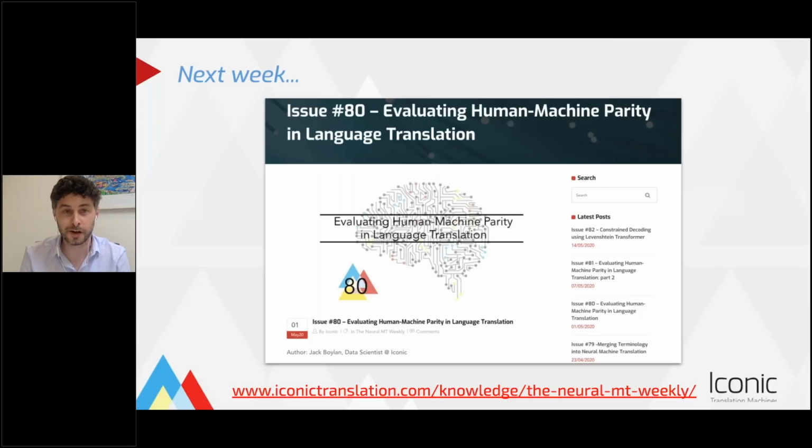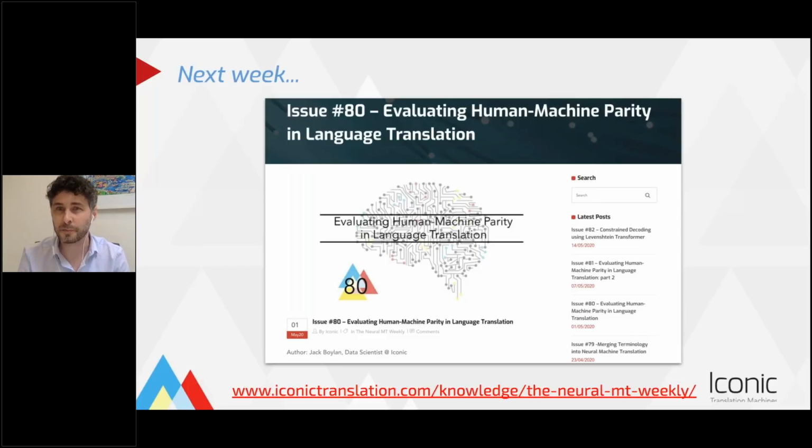However, you are going to have to come back next week for a deeper dive on what those topics are. Just to point out what you see on the slide there, over the past 2 years at Iconic, we've been writing a blog on our website called the Neural MT Weekly, in which members of our scientific team at Iconic, including guest posters, some of whom again are on the webinar today, pick a recently published paper on a specific topic in neural MT and write a summary of its findings and its practical relevance.